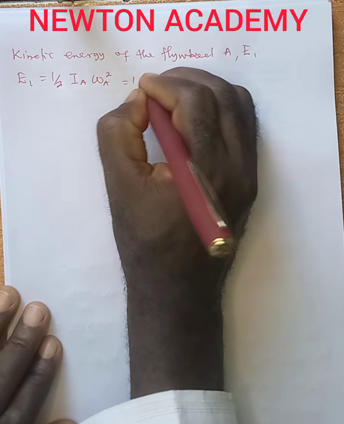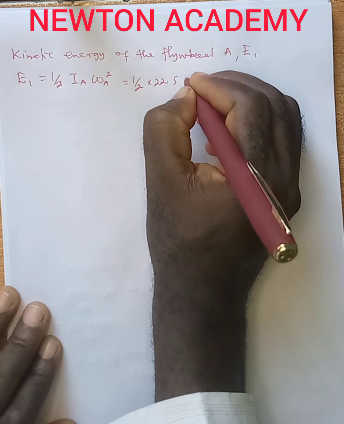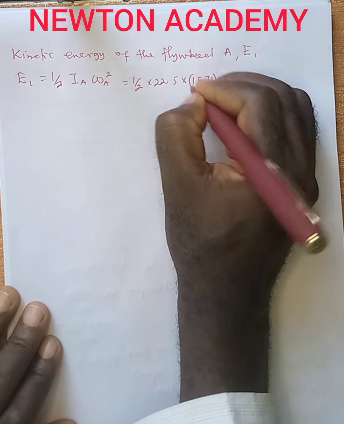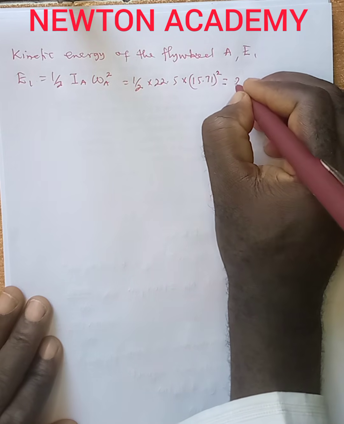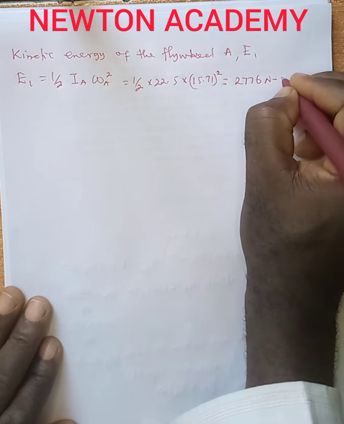When we substitute the values, we have a half multiply 22.5 multiply 15.71 square. Then we are going to get 2776 Newton meter.